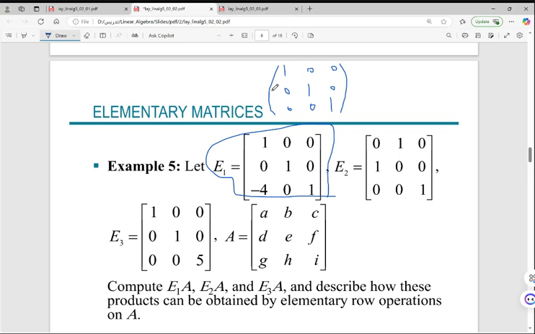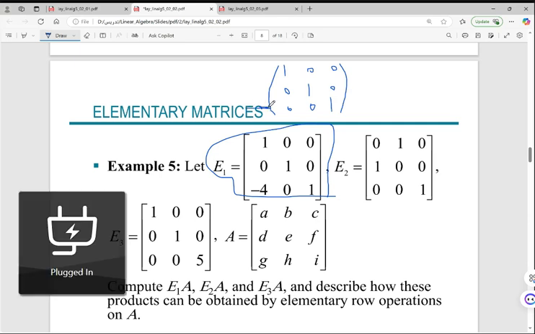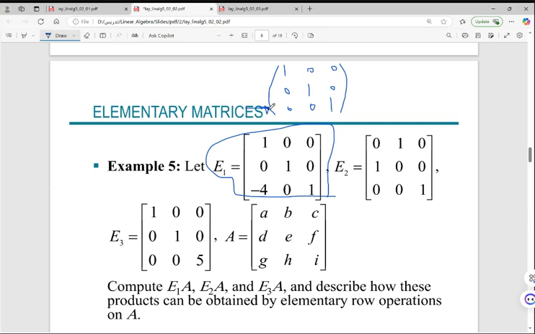In this row replacement, row 3 is replaced by the sum of row 3 and -4 times row 1. Right? If you apply this row replacement on the identity matrix, E1 is obtained. What row replacement?